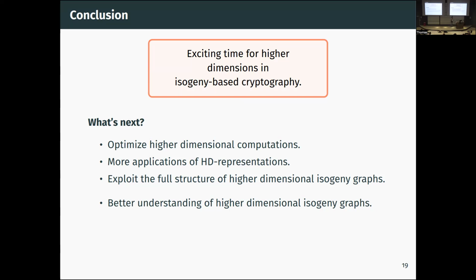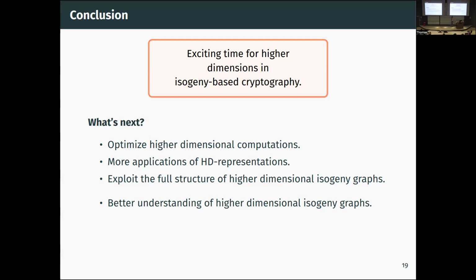Apart from this, we've seen that there are so many new protocols that just appeared in the last 2 years. And I think that there is even more potential to use those HD representations, maybe also to create some fancy cryptography. And finally, something that I think isn't really done so far is to really exploit the full structure of the isogeny graph.